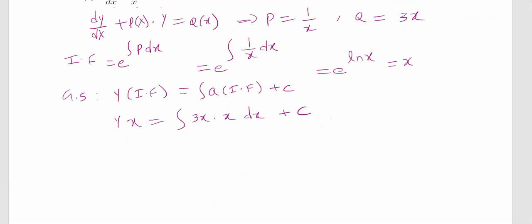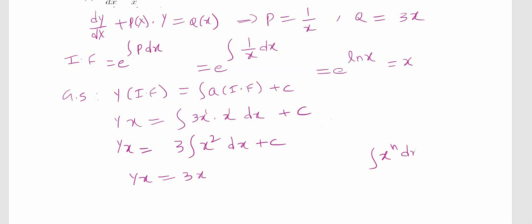And the last steps: yx equals 3, a constant, integral outside, x multiplied by x, bases are equal, in multiplication add powers, 1 plus 1 is 2, dx plus c. So yx equals 3 integral x power n dx, the standard rule, x power n plus 1 by n plus 1, if n is not minus 1. Yes, n is 2 here, not minus 1. So x power 2 plus 1, that is 3, divided by 3, plus c.